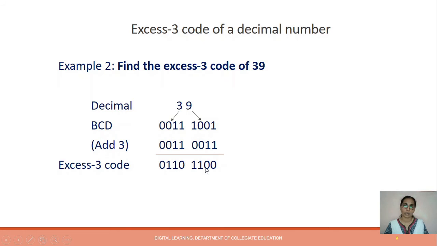Then 1 plus 1 is 0 with the carry 1. That carry 1 plus 1 plus 1 is 1 with the carry 1. Then 1 plus 0 plus 0 is 1, then 0. So the XS3 code equivalent of 39 is 0110 1100.